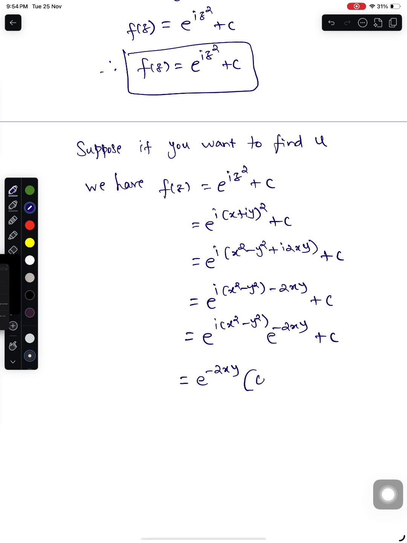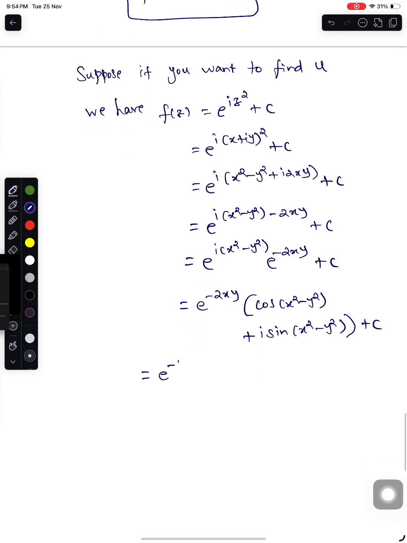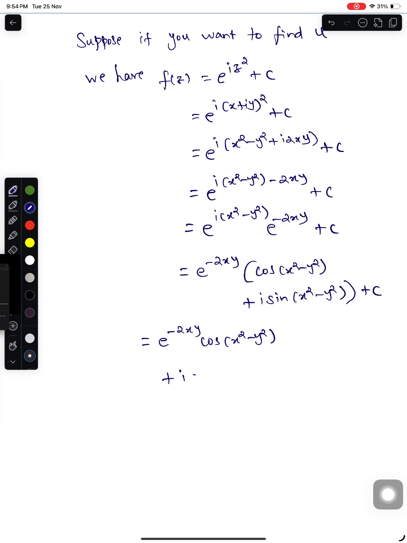So you can take e power minus 2xy into e power i of x square minus y square, which is cos of x square minus y square plus i into sine of x square minus y square, plus c. So now you multiply e power minus 2xy with cos and with sine: plus i into e power minus 2xy sine of x square minus y square, plus c.